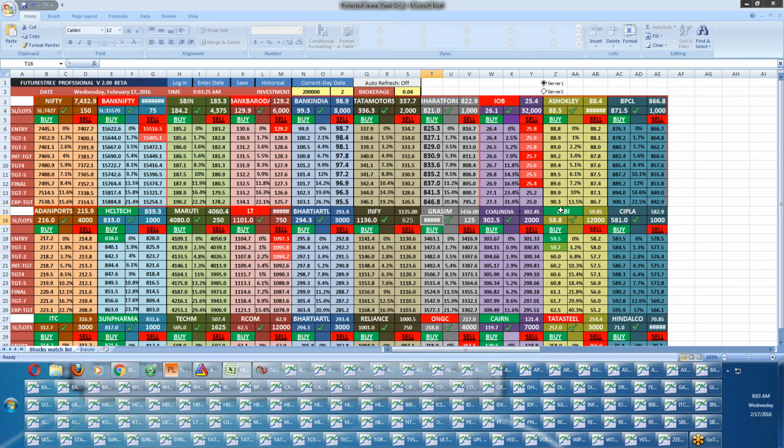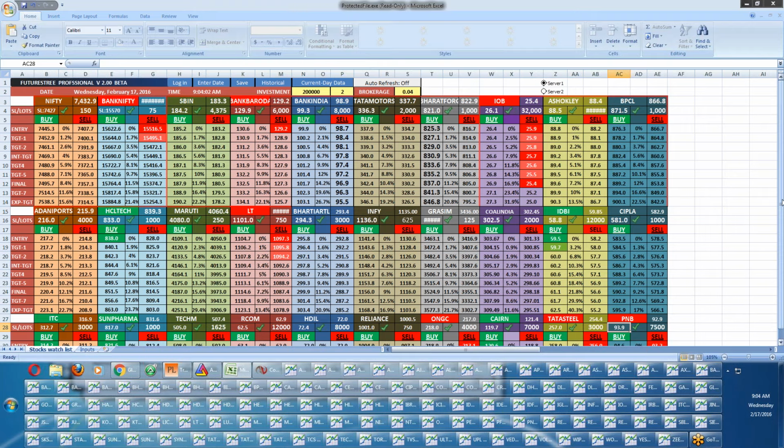And let's retain Coal India. Let me add the HDIL here. In place of Hindalco, let me add PNB. So these are some of the scripts that are on news and the regular ones that we have.